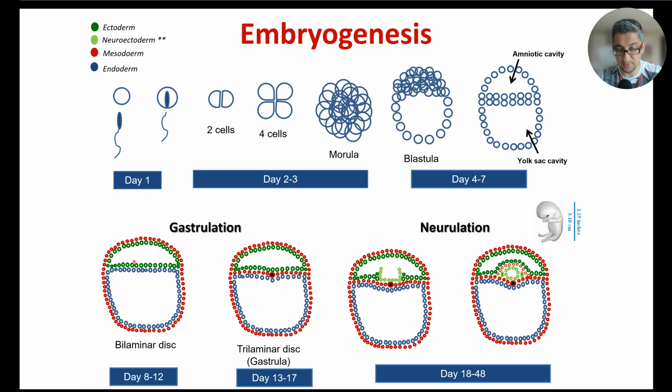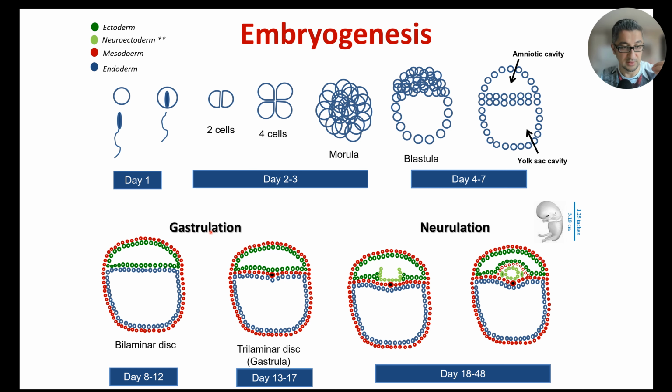The disc is important because this is where the embryo will form. And this process for transformation of blastula, which is actually a simple spherical ball of cells, into an organized structure, bilaminar disc, is called gastrulation.